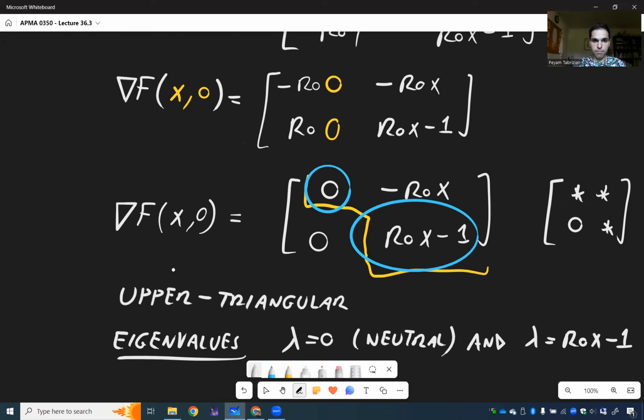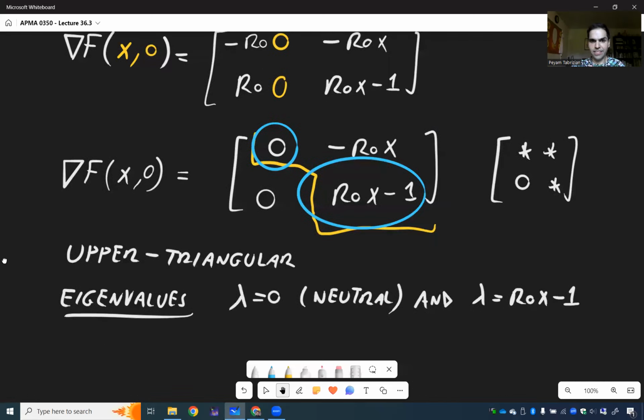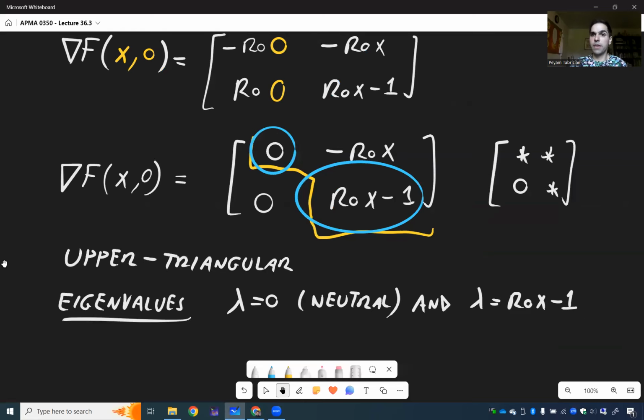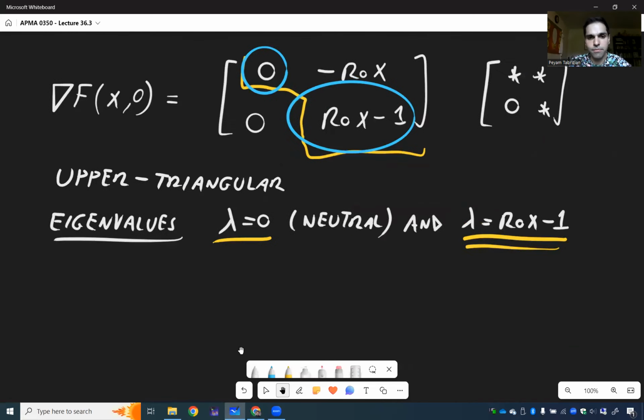Now, you would be tempted, according to our list, to just say that it's neither stable, unstable, or saddle. But in this situation, it would be bad to just give up. So actually, let's explore this further. So, okay, we have the 0 eigenvalue, but now let's look at the sign of R0X minus 1 to get more information.